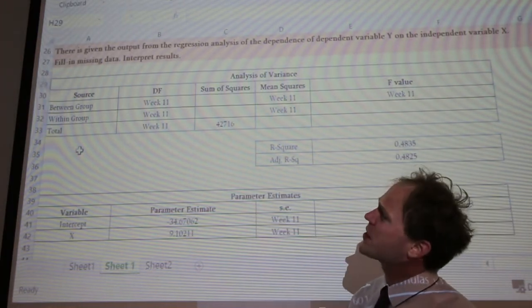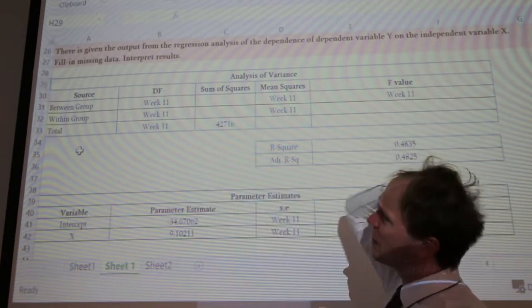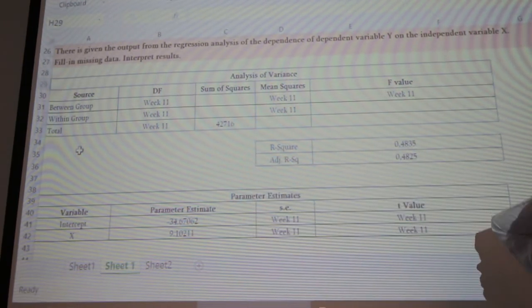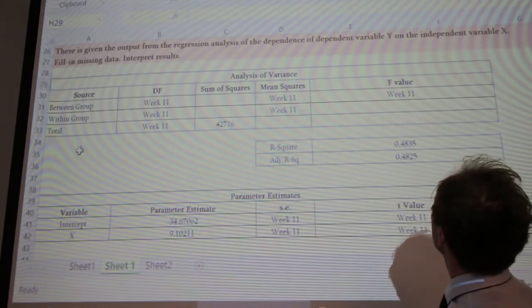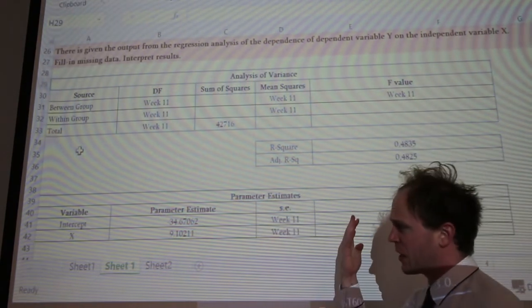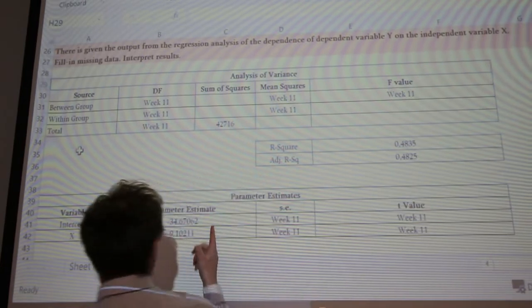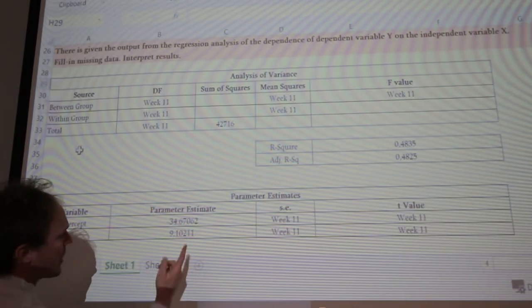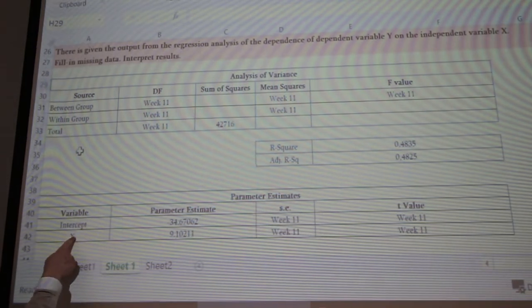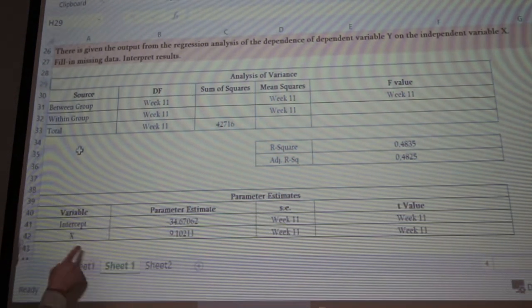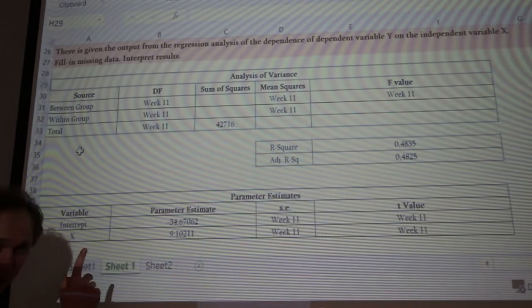Another simple example is given: the output from the regression analysis of the dependence of dependent variable y on the independent variable x. Here you can find parameter estimates, the intercept, and the variable x, so the slope of the regression line.